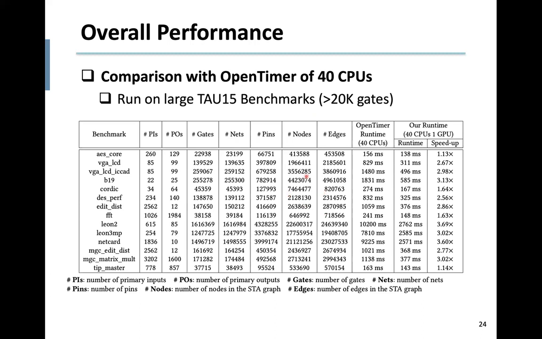In this table, you can see generally our algorithm with one GPU is faster than CPU-based OpenTimer on all benchmarks. The speed-up is more remarkable on large designs. For example, on Leon 2 over here, we are about 3.x faster. On Leon 3 MP, our runtime is about 3x faster. So that's the speed-up gain from graph-based analysis using GPU.